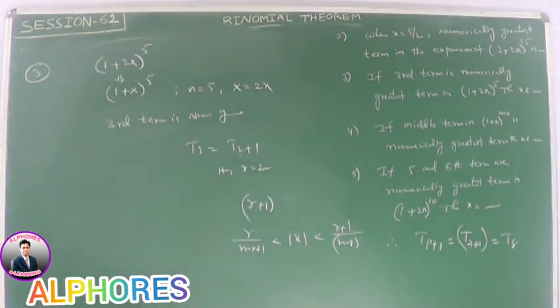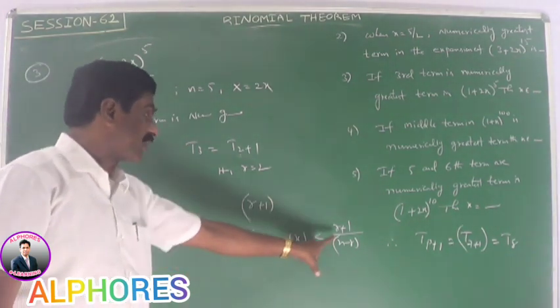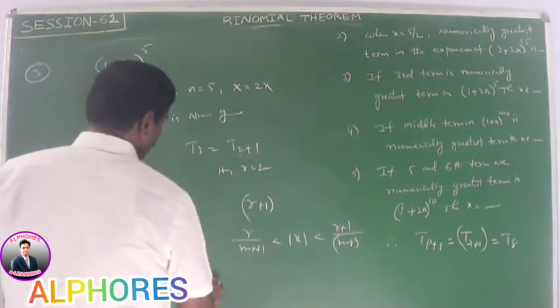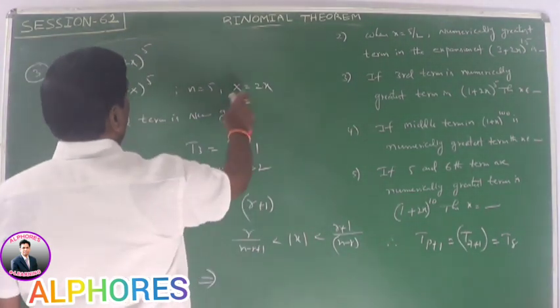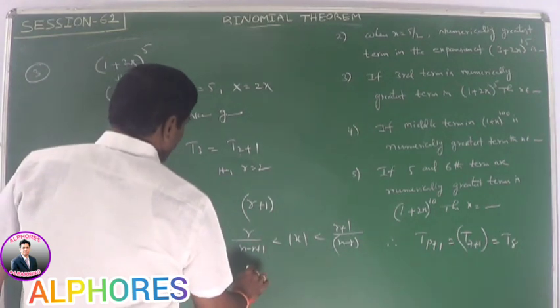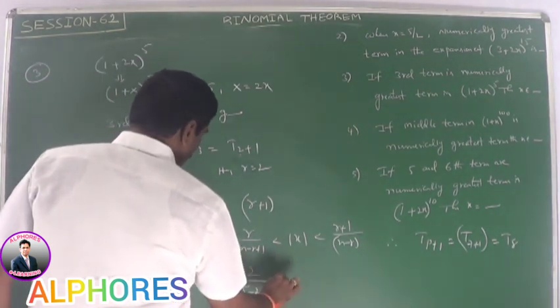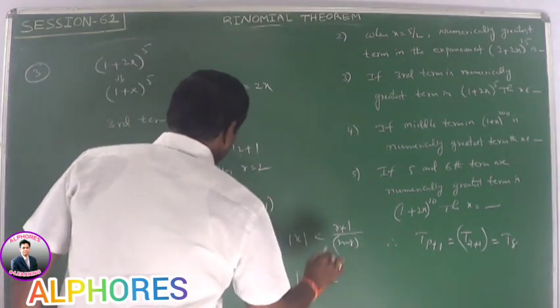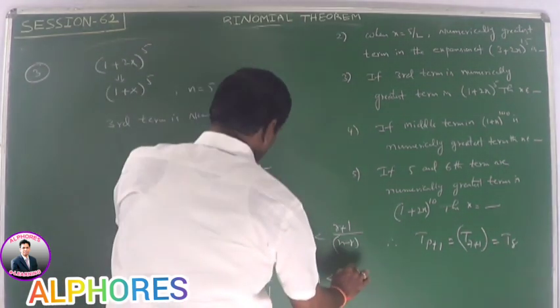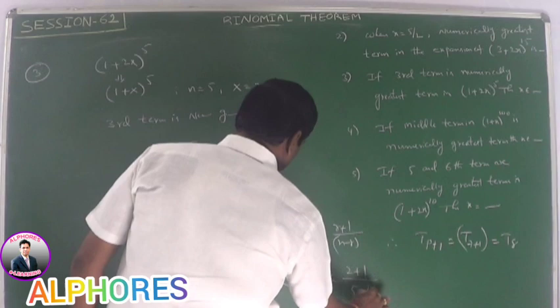If the (R plus 1)th term is the numerically greatest term, then the condition is R by n minus R plus 1 is less than mod x less than this value. What is the value of R here? R is equal to 2, x is equal to 2x, n is equal to 5. That means 2 by 5 minus 2 plus 1 is less than mod 2x, less than R plus 1, that is 2 plus 1, by n minus R, that is 5 minus 2.